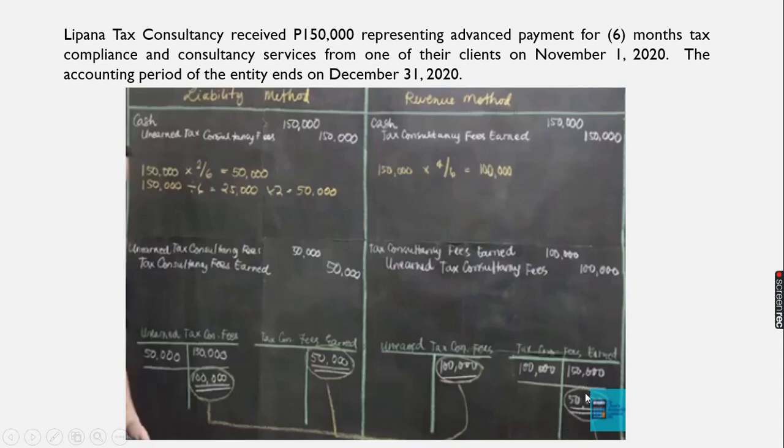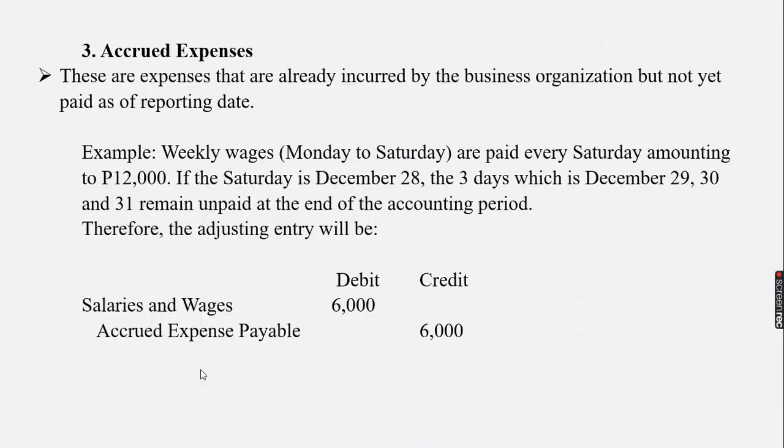So, tama yung amount niya, di ba? Pareha sila ng liability method, pareha sila ng balance, which is 50,000. Pag unearned tax consultancy fees, 100,000 parehas din ng balance, okay? Para ma-check natin kung tama yung ginagawa natin. So, that is for unearned revenues.